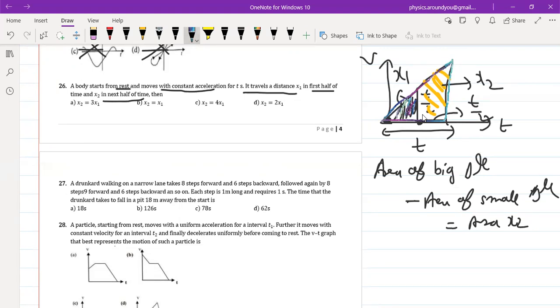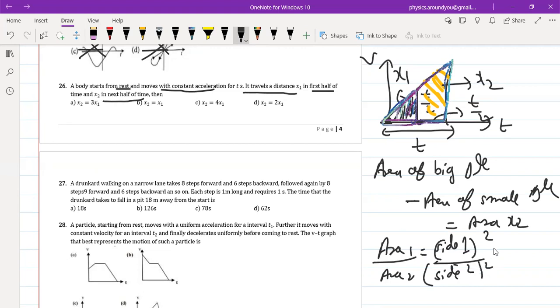Cool. So here is where we think about similar triangles. We see that the big triangle is similar to the small triangle. From 10th standard, you can say the area ratio, area 1 by area 2, is side 1 squared by side 2 squared.